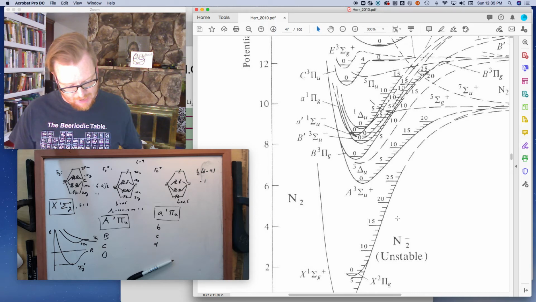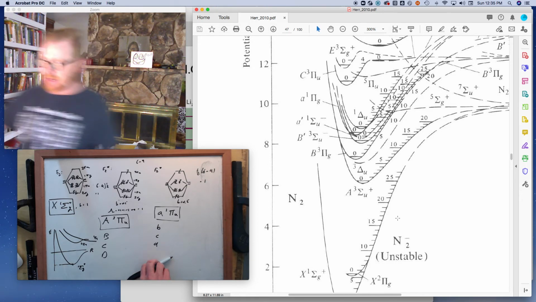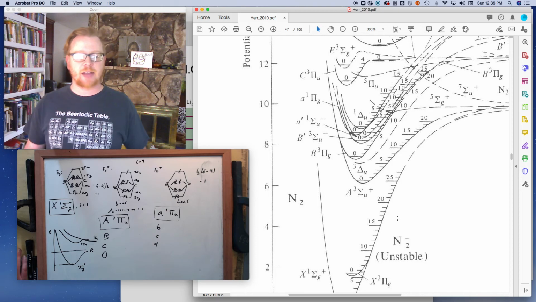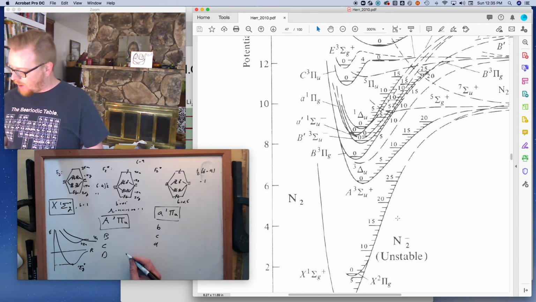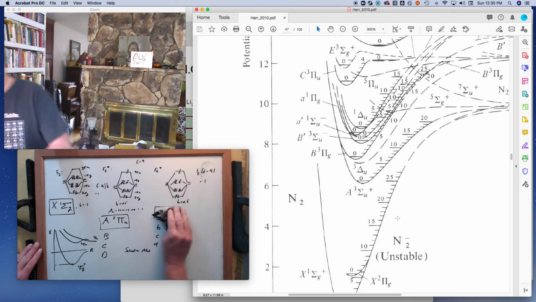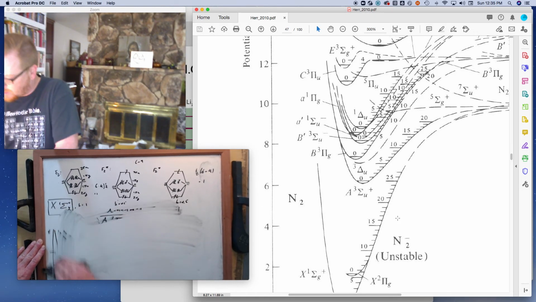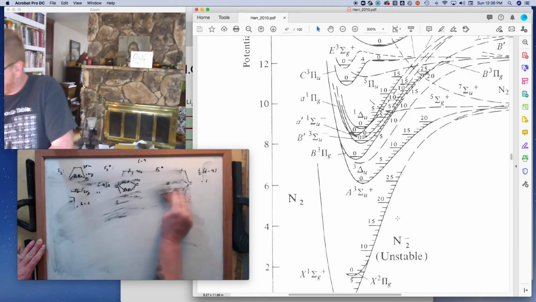Let's see, and then I'm going to cover molecular selection rules very briefly right here, but then in more detail as we get into the various forms of spectroscopy. So our selection rules, they're very similar to what they were for atomic terms, okay?